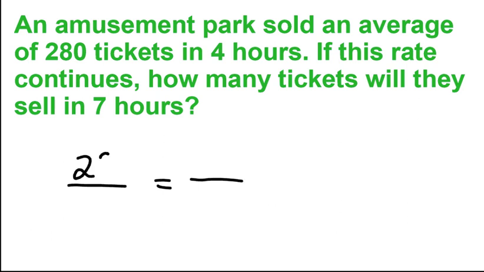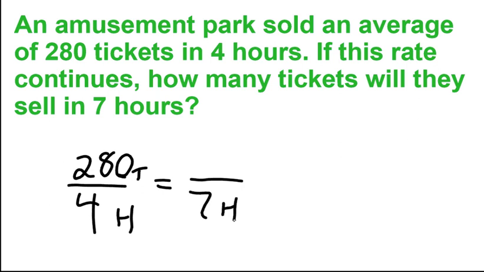So if I take 280 and 4, that was tickets, that's hours. Other number I got in this problem is the 7, right? Is that tickets or hours? Hours. So we put it there. 490?